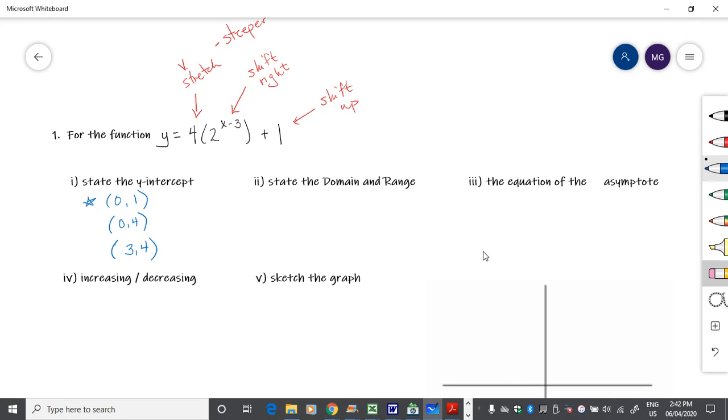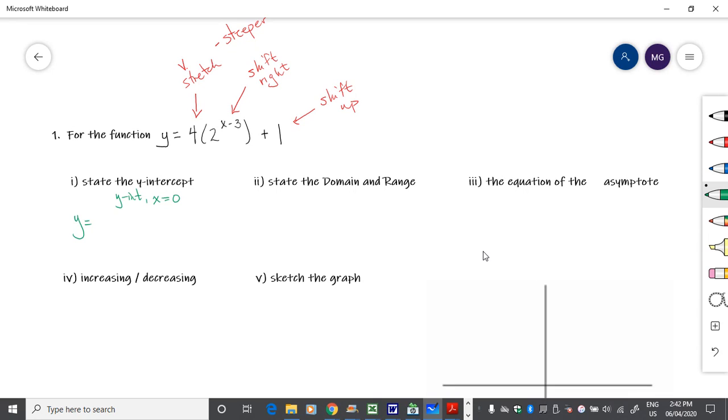So, key feature for us is, yes, we can interpret all of those features to our graph as transformations. However, we should be able to algebraically find a y-intercept. How do you find a y-intercept? To find every y-intercept, sub in an x value of 0.